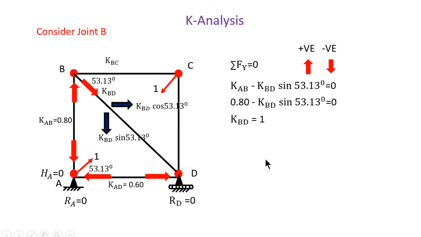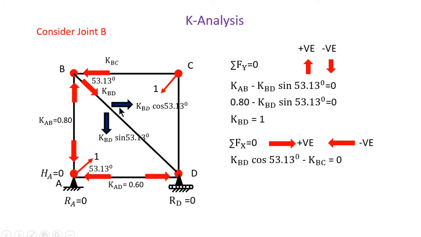Then next force is KBC here, and the direction of KBC is toward the left. We are assuming the direction is toward the joint. So now apply the sigma Fx condition. So here as per sign convention, towards right plus and towards left minus.